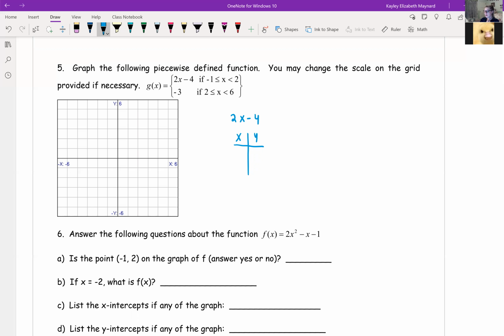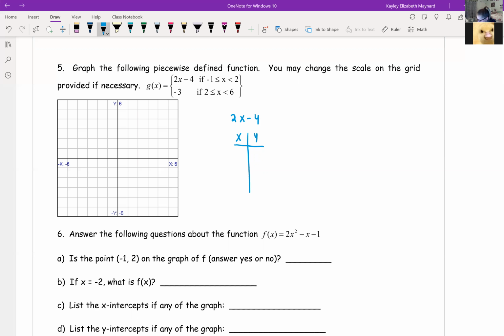Even though it's not defined where x is actually equal to 2, just where x is up to 2, so my interval is x is less than 2, not less than or equal to, you're still going to plug 2 in. That's just going to tell you that at that point you have a hole, so you actually have an open circle, not a closed circle. But that'll make more sense once I actually graph it.